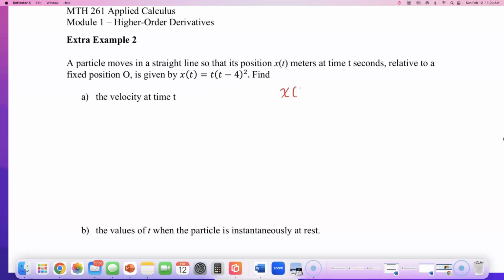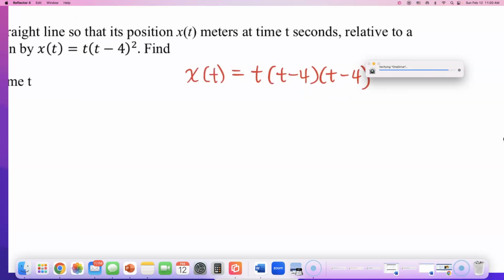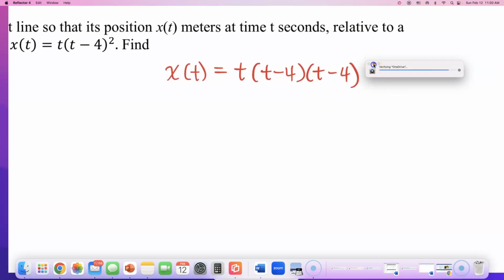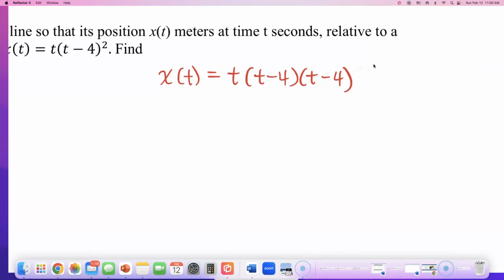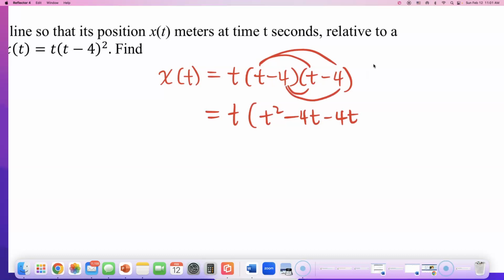So x of t, I write this as t times t minus 4 squared, which is t minus 4 times t minus 4, right? I'll FOIL first. That's going to be t squared minus 4t minus another 4t and 4 times 4, but that's negative times negative, so I'll write plus 16.